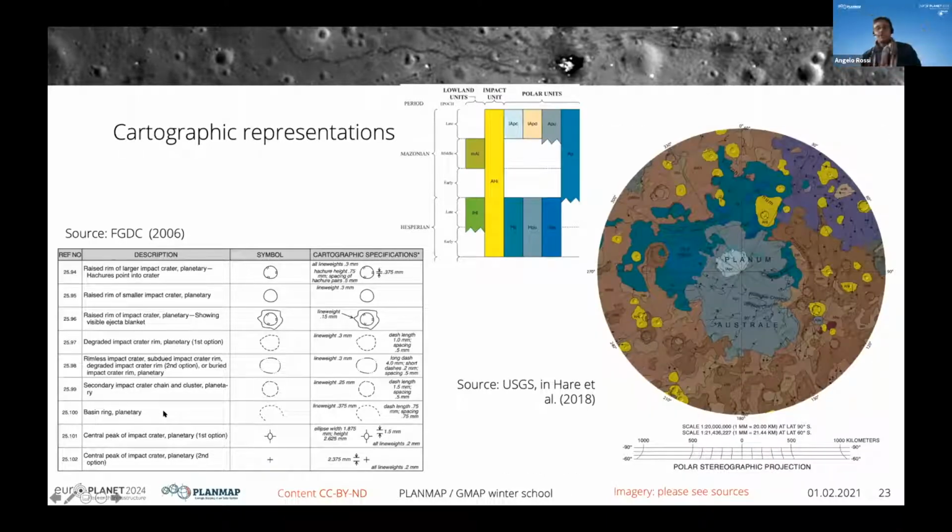Plus, I need a legend, and both Matteo and Marco were showing a lot of it. A legend can be a set of symbols that are, again, standardized, a set of colors that are giving you a visual impact. And this is an example of the global map of Mars that has been done by USGS in the last few years, has been updated.